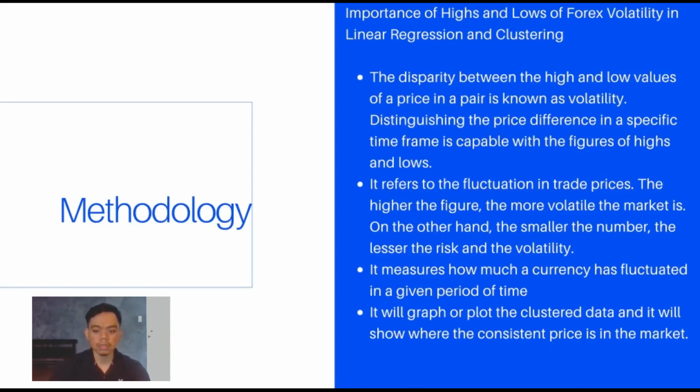It refers to the fluctuation in trade prices. The higher the figure, the more volatile the market is. On the other hand, the smaller the number, the lesser the risk and the volatility. It measures how much a currency has fluctuated in a given period of time. Lastly, it will graph or plot the cluster data and show where the consistent price is in the market.